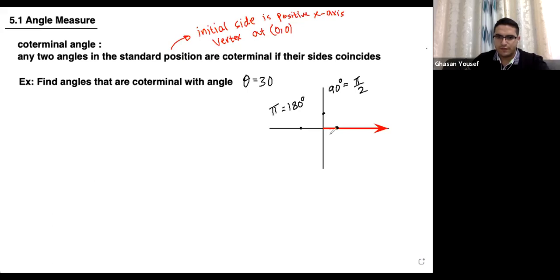Turning around to this point it is 270 degrees, and 270 degrees in radians equals 3 pi over 2. And turning all the way around until here, it is 360 degrees, and 360 degrees equals 2 pi in radians.